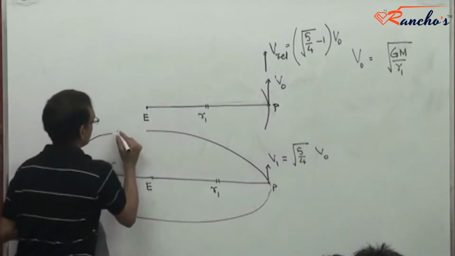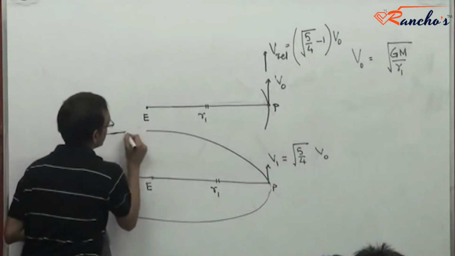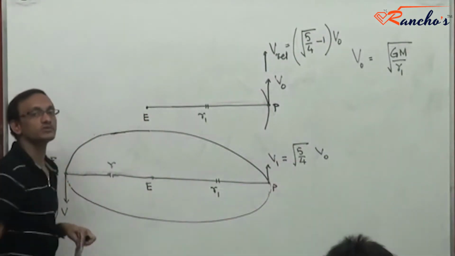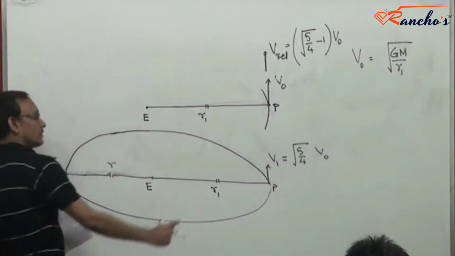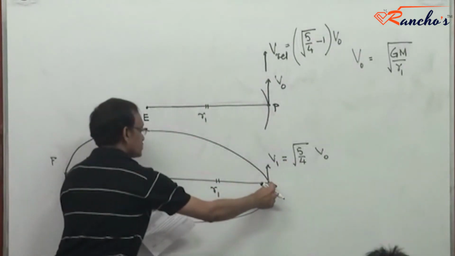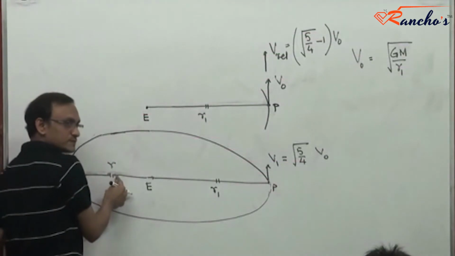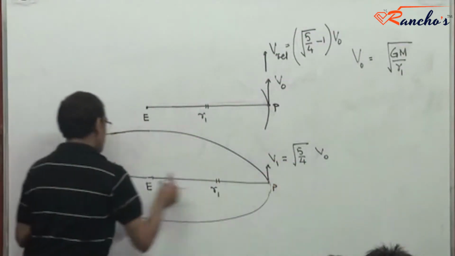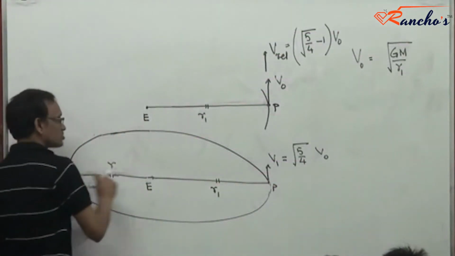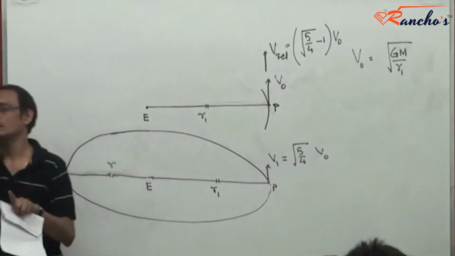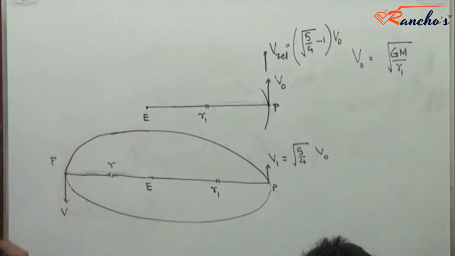It will happen also at the ends of the minor axis, but then for sure at the ends of the major axis of this ellipse, that is at the closest point and at the farthest point, the velocities would be perpendicular to the corresponding R.